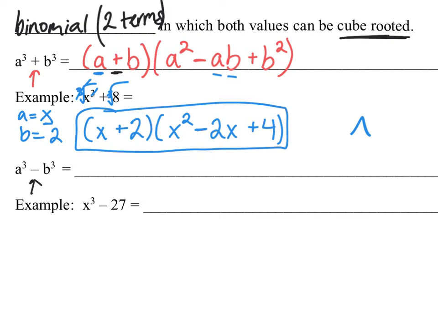Well, this is difference of cubes, so we are now going to be subtracting for those first 2. The a squared is going to stay, and so is the b squared at the end. But now instead of the a times b being negative, that's now going to be positive.